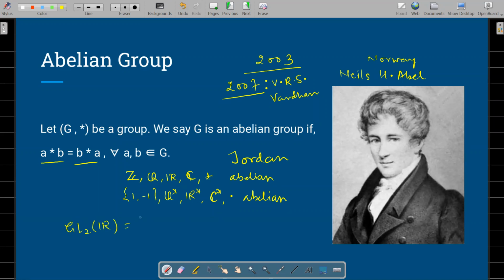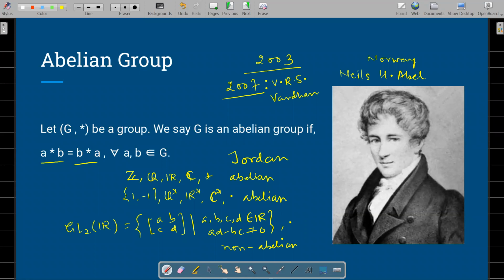So GL2R is all 2 cross 2 matrices A, B, C, D, and the determinant AD minus BC should be non-zero. So this is a group under matrix multiplication. And this is non-abelian because we know for matrices in general AB is not the same as BA. So this is a non-abelian group.